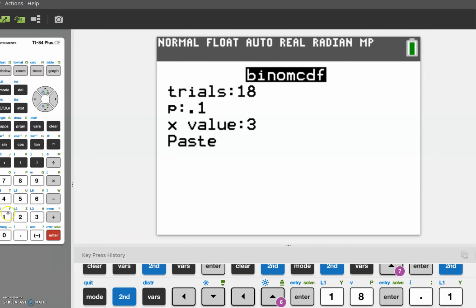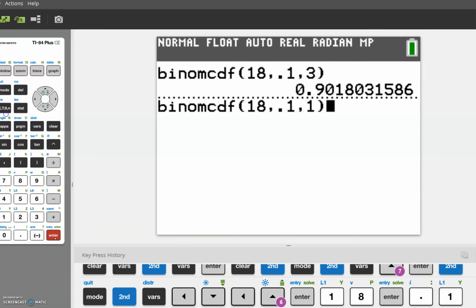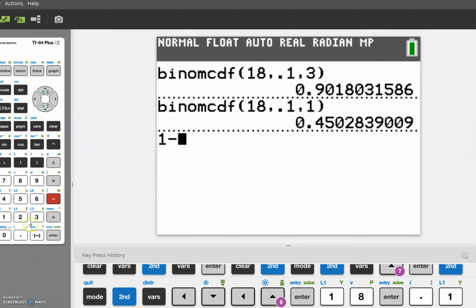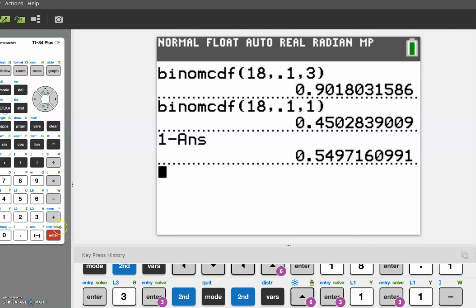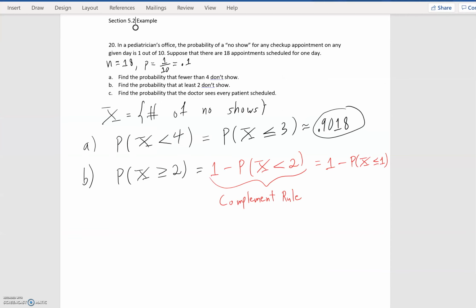My x value in this case is 1. Hit paste, hit enter. So we have 1 minus this result here will kill this problem. Rounding our answer to 4 decimal places, we have 0.5497.